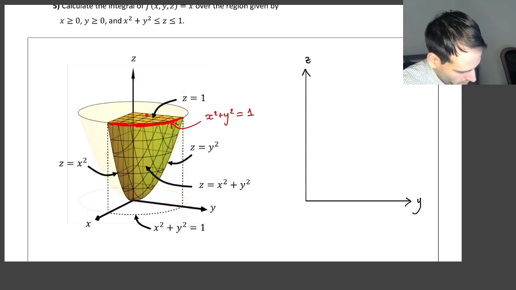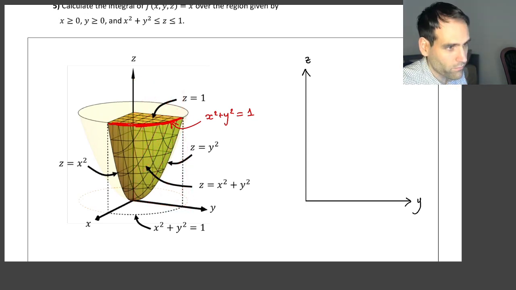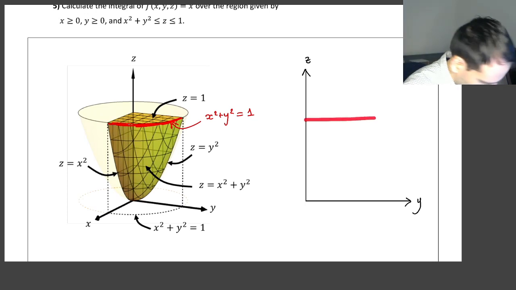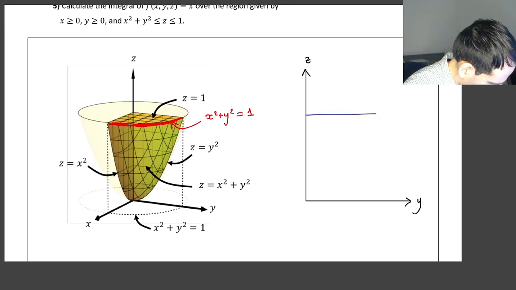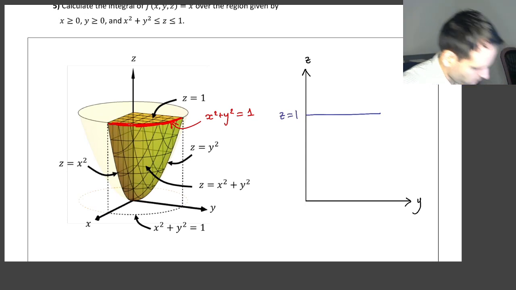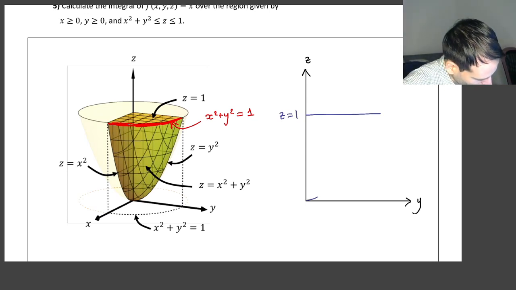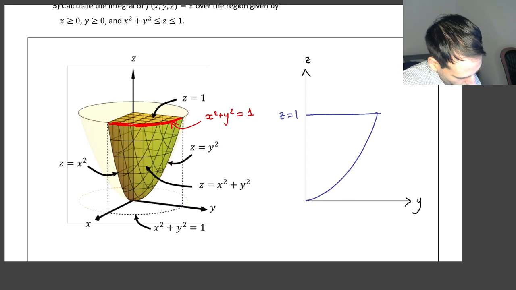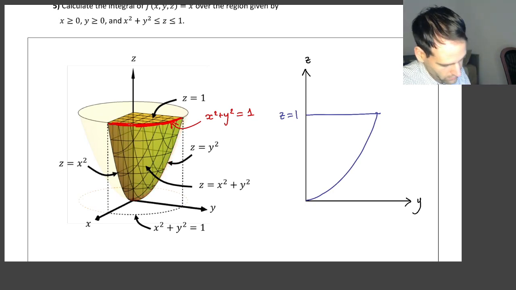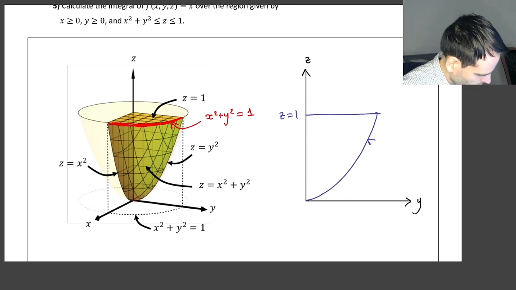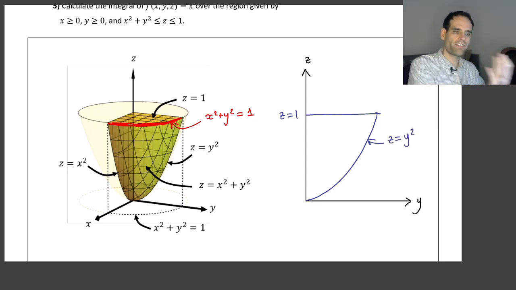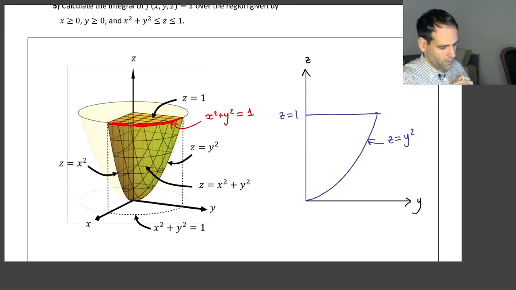It's limited by z equals 1 on the top, and on the bottom by this parabola, which we already know is z equals y squared. So this would be the projection of this volume onto the yz plane.